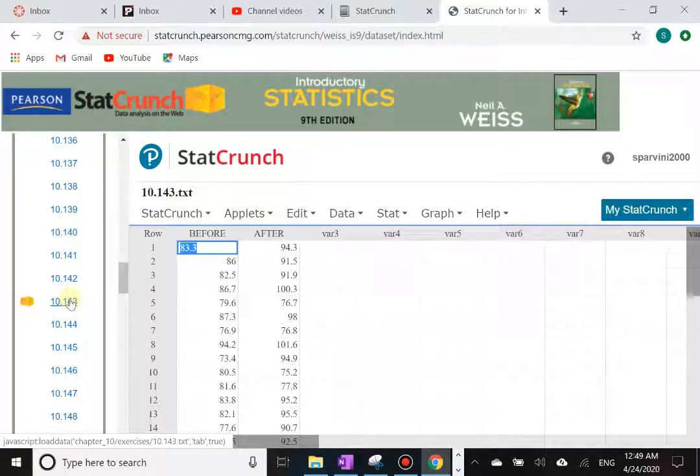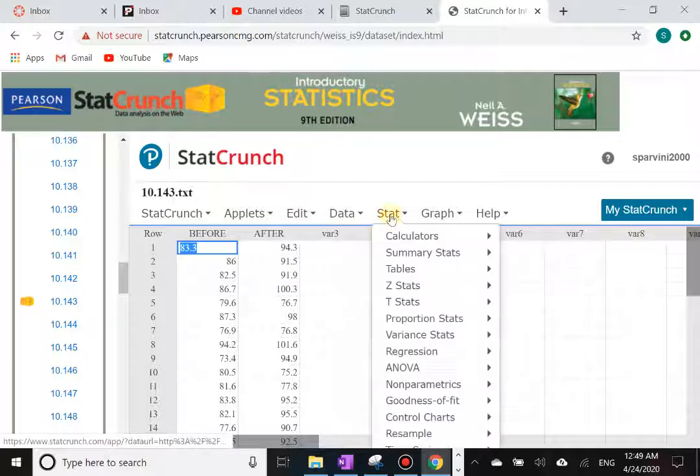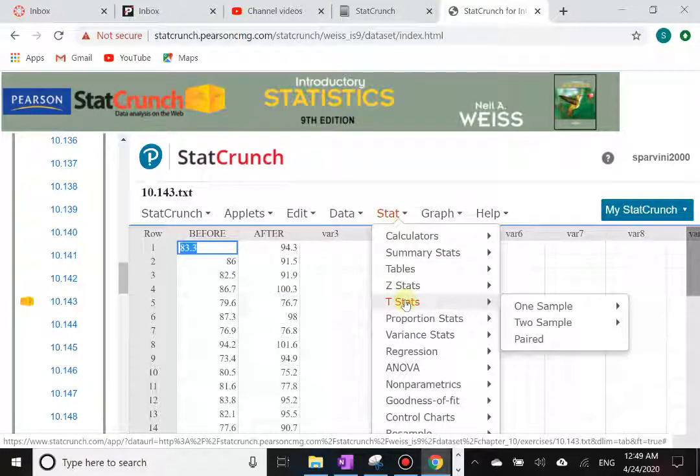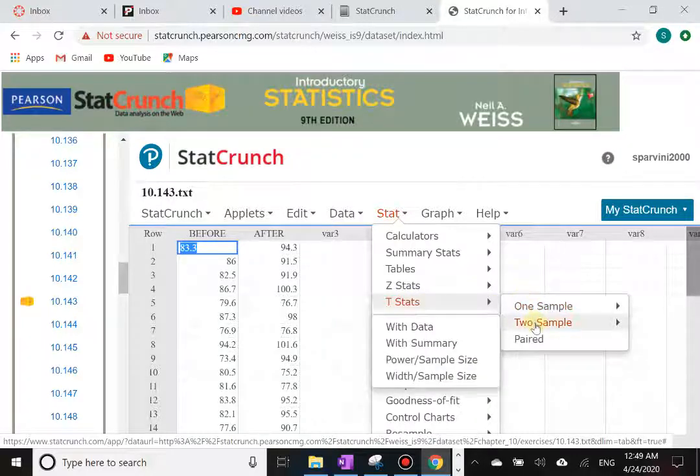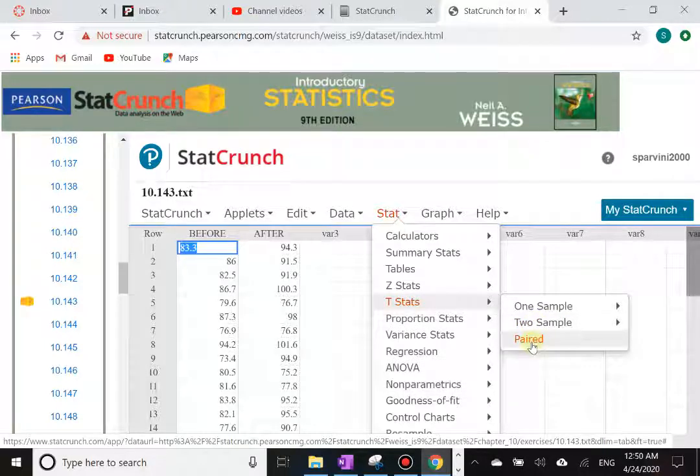Okay, and this is the data on weights before and after. Now, we're going to go to Stat, go to T statistics. Okay, we're doing a T-test. And we're going to do this for 2 samples, right? Actually, let's not do 2 samples. Let's go below it.